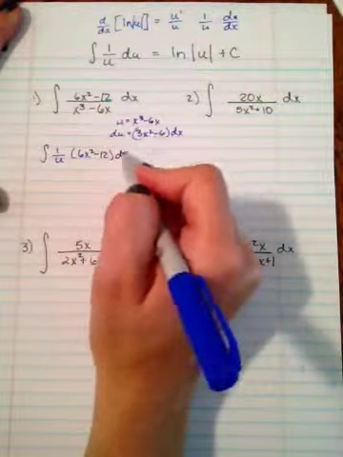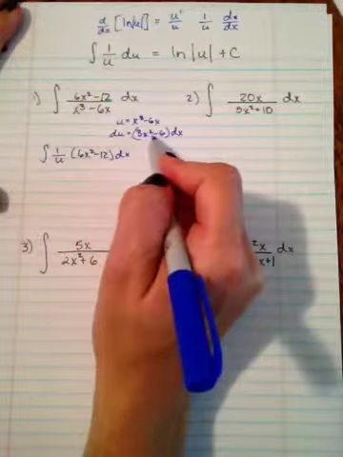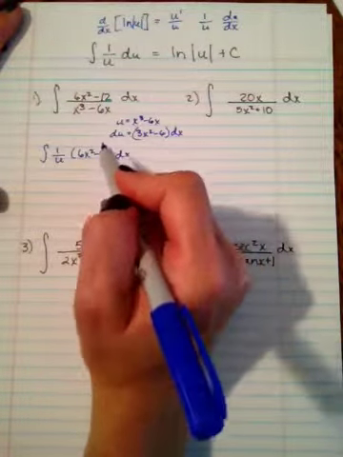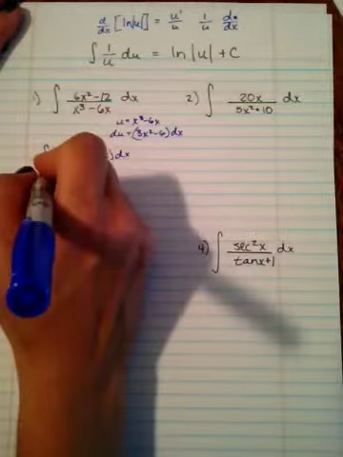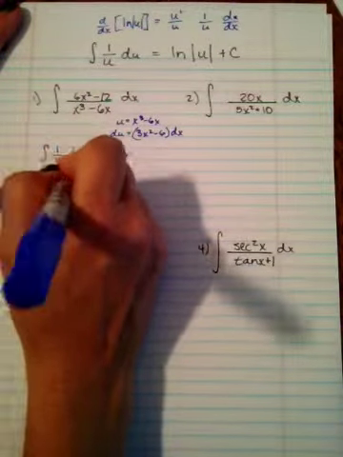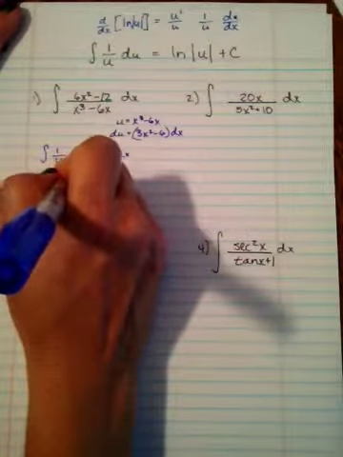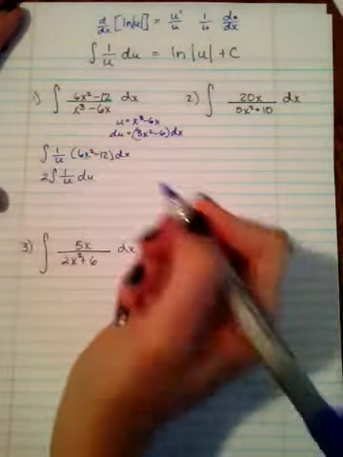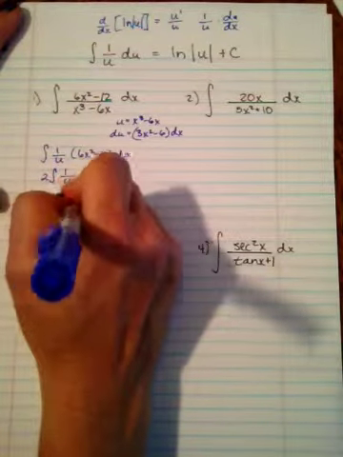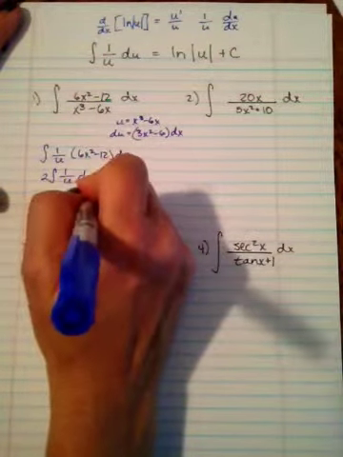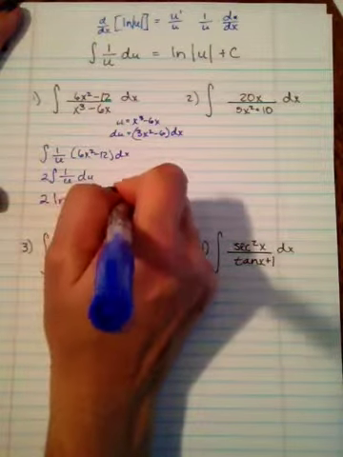If I compare these, this one is just double that one. So this is equal to 2 du. So I can put the 2 here, or I can even bring it outside the integral. It's the integral of 2 times 1 over u du.